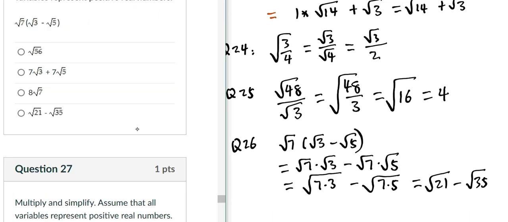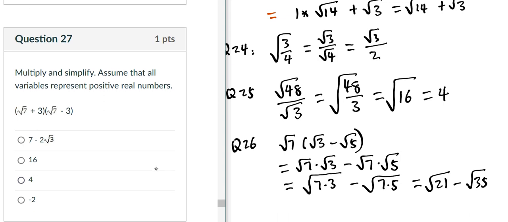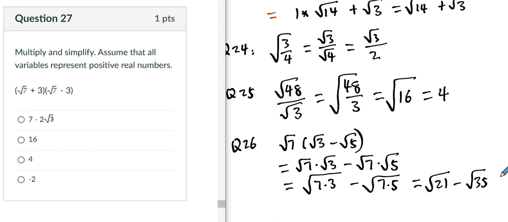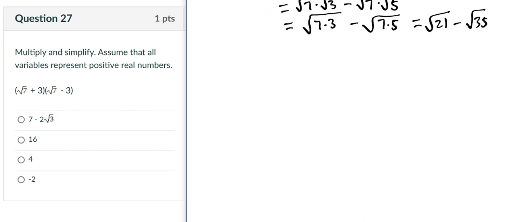Okay, now keep going. Here you have to use the FOIL method. That will be question 27, which is radical 7 plus 3 times radical 7 minus 3.